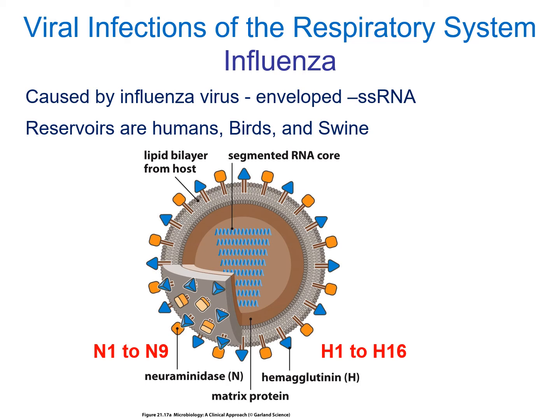H1N1 influenza viruses caused the Spanish flu of 1918 and also a swine flu outbreak in 2009. The reservoirs for influenza are humans, of course, but also birds. So we have bird flus and swine, swine referring to pigs.